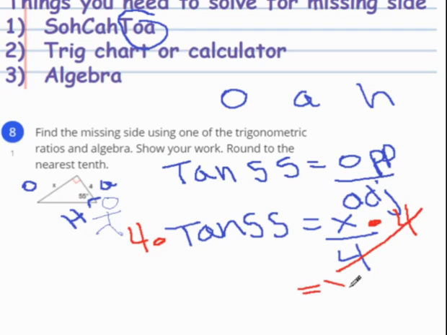And my final answer is just going to be 4 times tan of 55. That's our missing side length. It's just that simple, folks. How cool is that, that you can know one angle and one side length and find another missing side length? I think trigonometry is so clever.